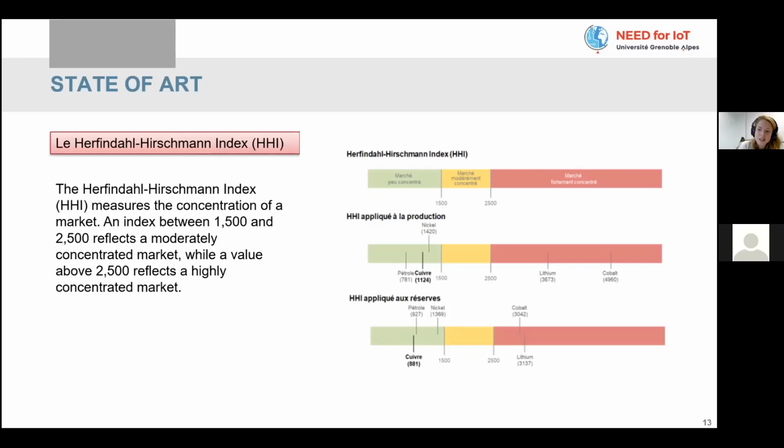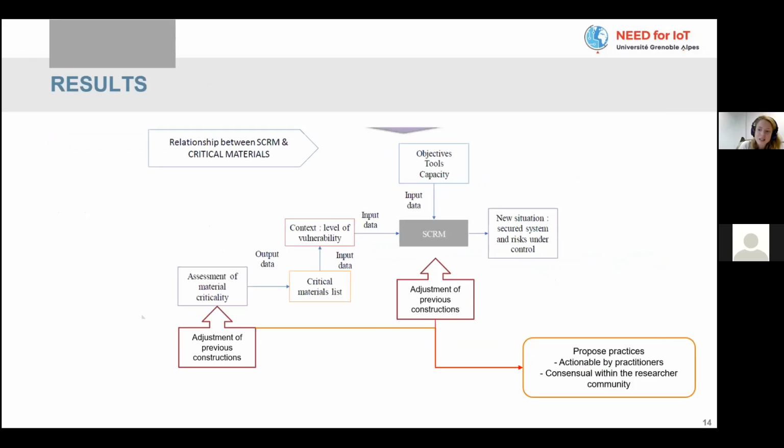So at the end, what we want to say is that we need to add the assessment of material criticality to the supply chain risk management by proposing what we had. It will be actionable practices, and also consensual within the researchers.